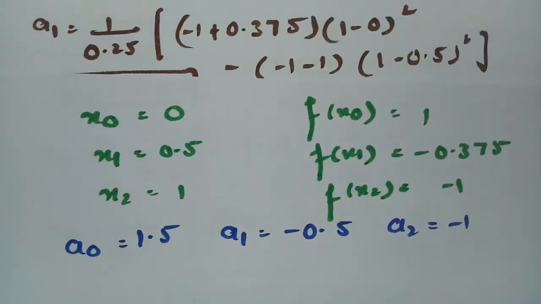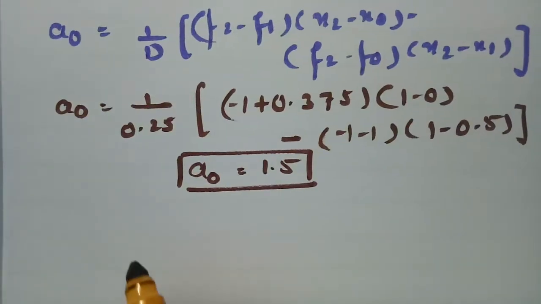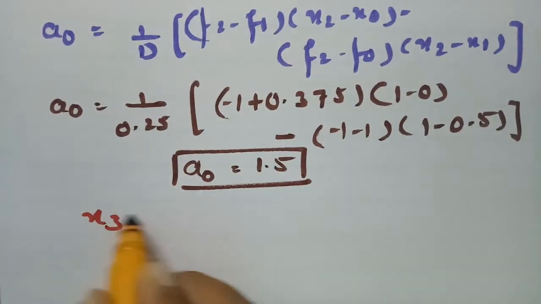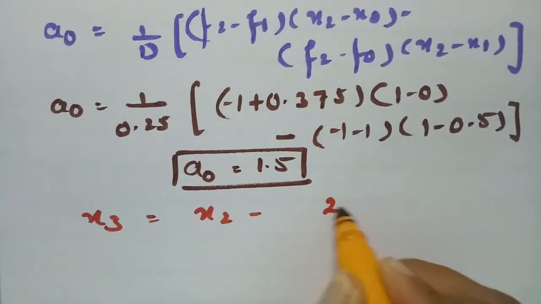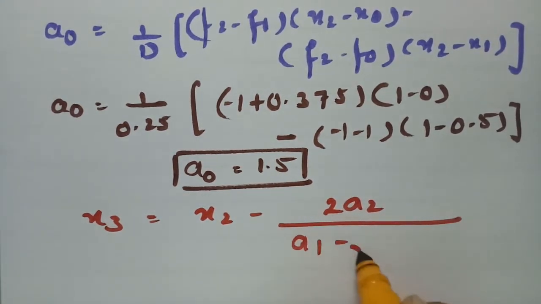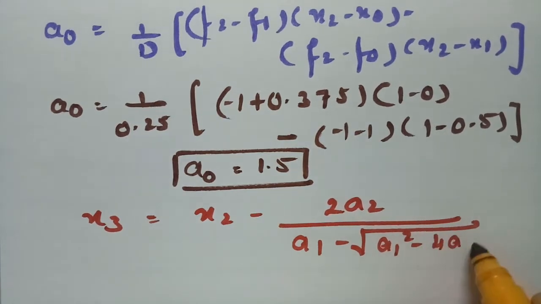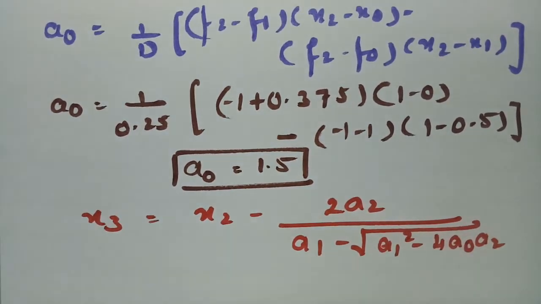Next we are going to start the second iteration. After getting these values A0, A1 and A2, we need to calculate the value of x3 using all of these. So x3 is equal to x2 minus 2a2 divided by a1 minus root over a1 square minus 4a0 into a2.